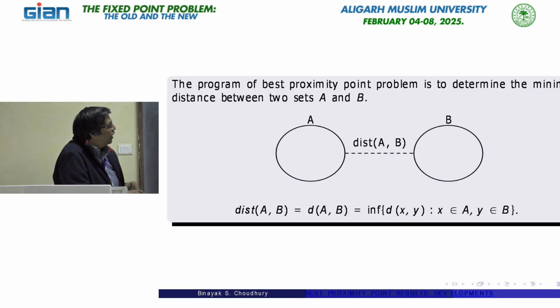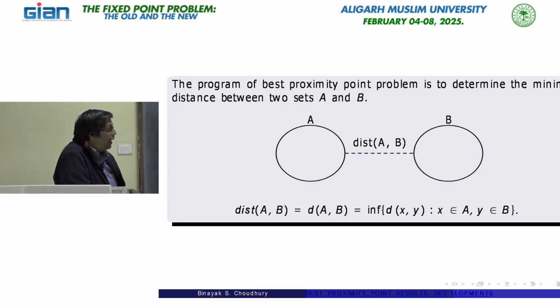So, what is the distance? It is a very simple thing. How do you define it? Take x out of A and y out of B, take an infimum of them, then you can be sure that this is d(A,B).